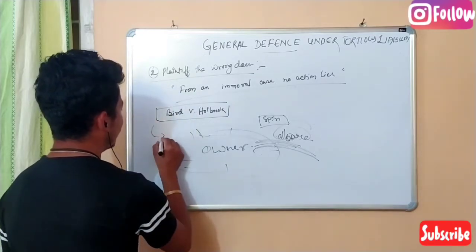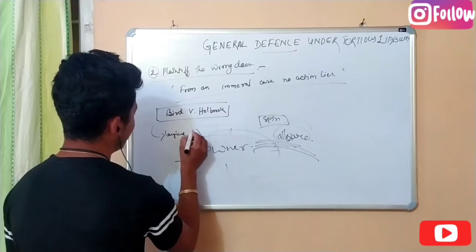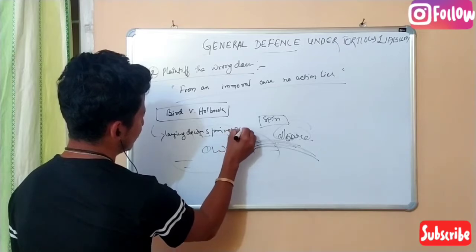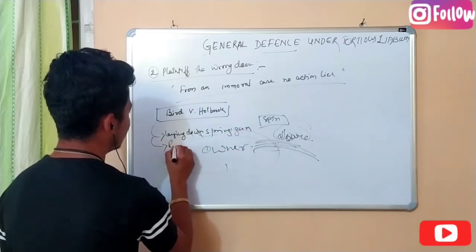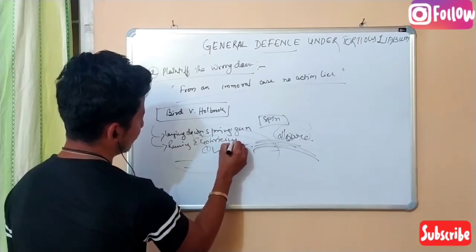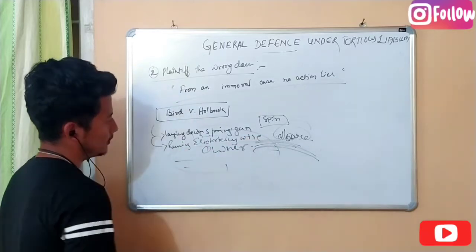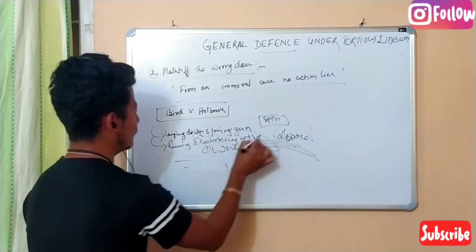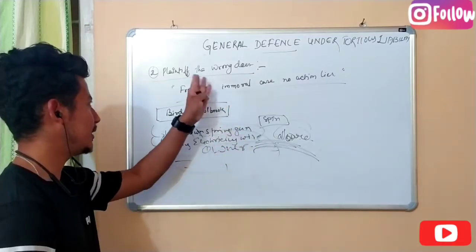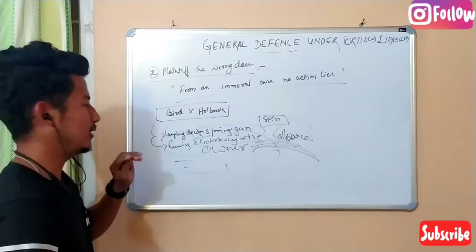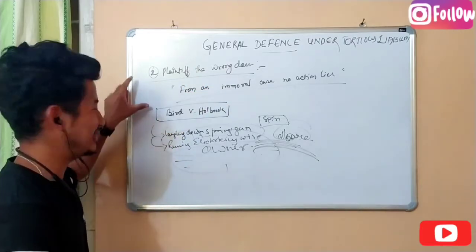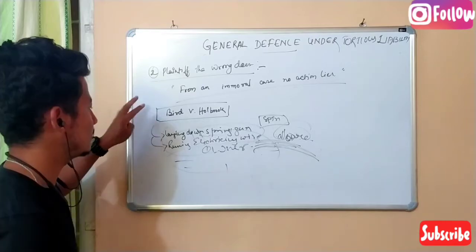If a person lays down a spring gun or runs an electricity wire and the like, then even if the plaintiff is the wrongdoer, the defendant will have no defense of plaintiff, the wrongdoer. So that's what it means.